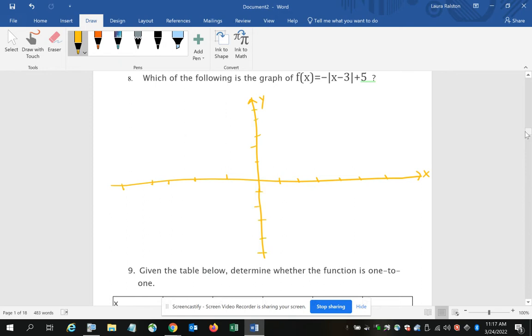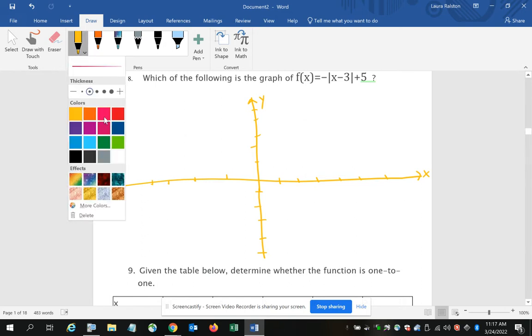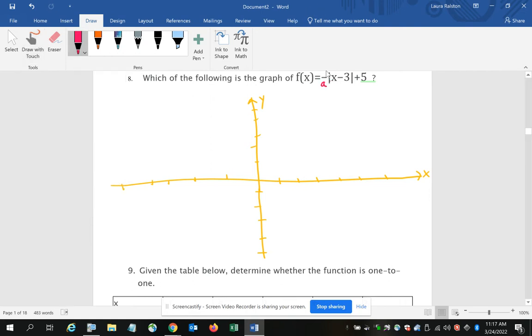Okay, so with this graph, looking at what transformations are taking place, you remember you have the A is the number out front, B is in front of the X, C is inside, and D is outside. So the transformations for this graph is going to go up 5, right 3, and there's going to be a reflection or a flip on the x-axis.